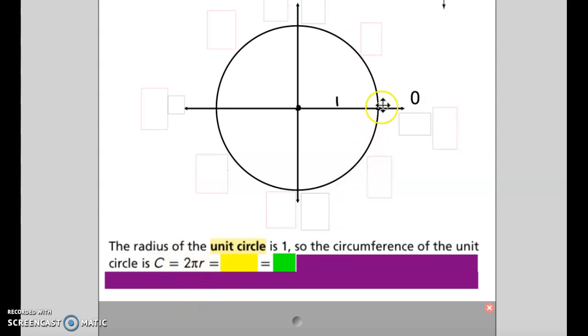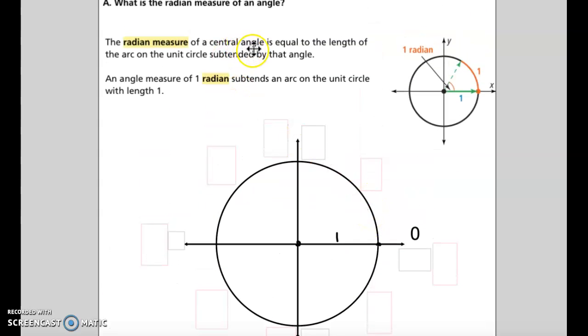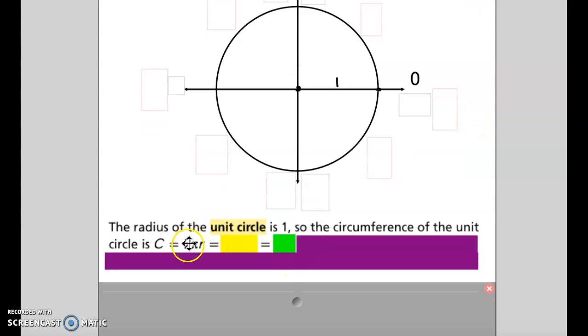Okay, so if the length of the entire unit circle, I want to figure out the length of this, right? Because that's what a radian revolves around, the length of this arc. So part of my circumference, okay? So if my radius on my unit circle is 1, then I can say the circumference is 2 pi r. Well, my r is 1, so my circumference, 2 pi times 1, is 2 pi.